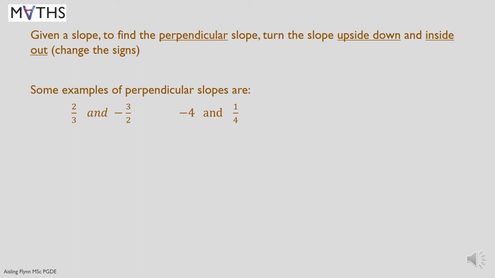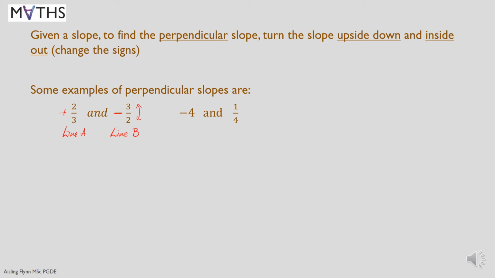Some examples of perpendicular slopes are, so if the first line, let's call this line A, has a slope of 2 over 3, the second line, let's call it line B, will have slope of exactly the opposite. So if you started with a plus, now you have a minus, and we started with 2 over 3, now we turn it upside down, it's now 3 over 2.